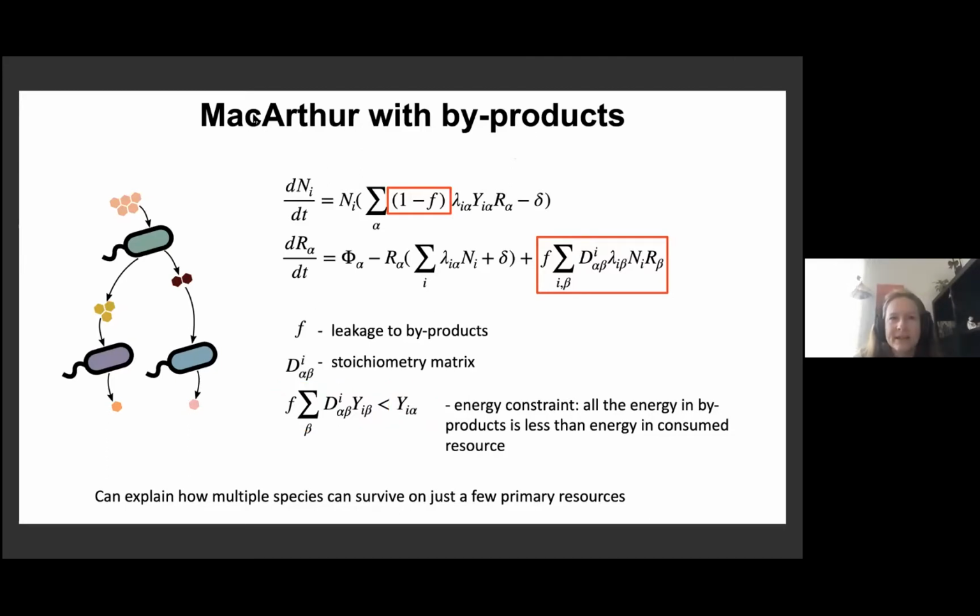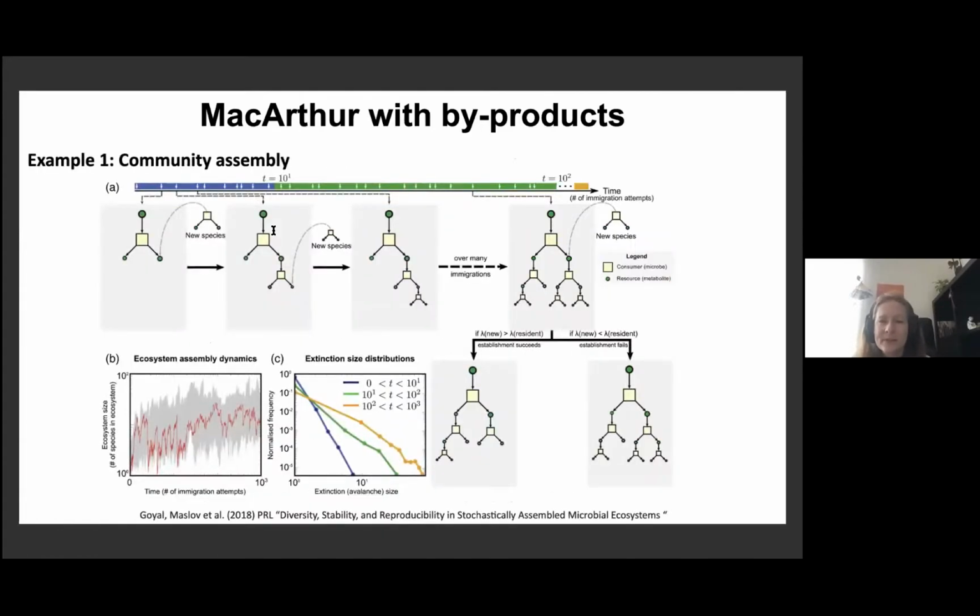And this is the most popular variation of MacArthur that is widely used in papers that are published recently. I'm going to give you some examples of how it actually works and what the consequences are of modeling your community like that.